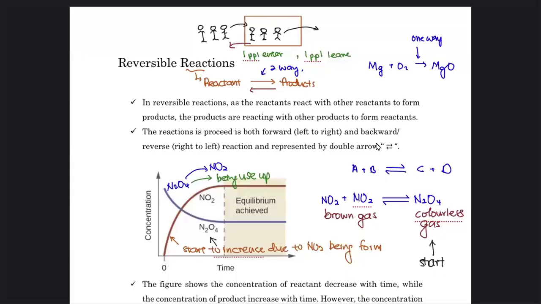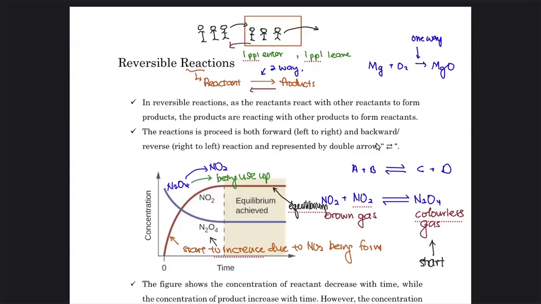So if you see the line is flat, is horizontal, this is called the concentrations becoming constant. So this is a sign of equilibrium, right? The concentrations become constant.